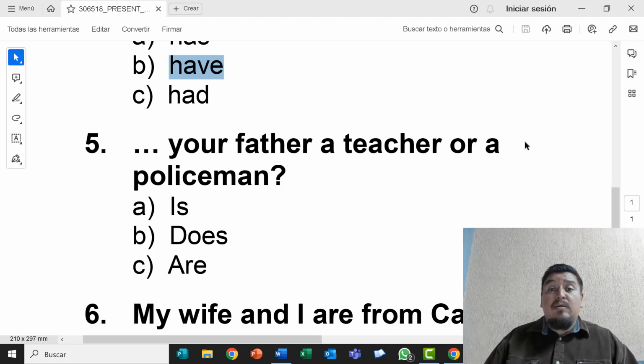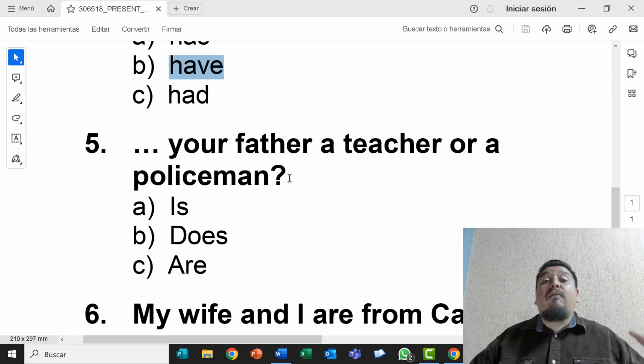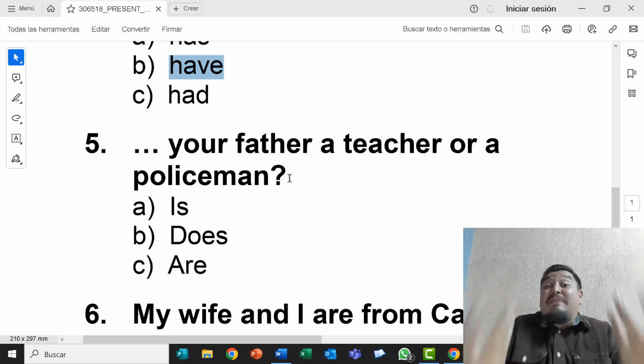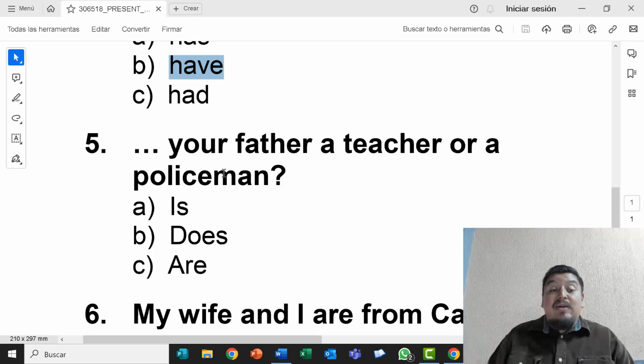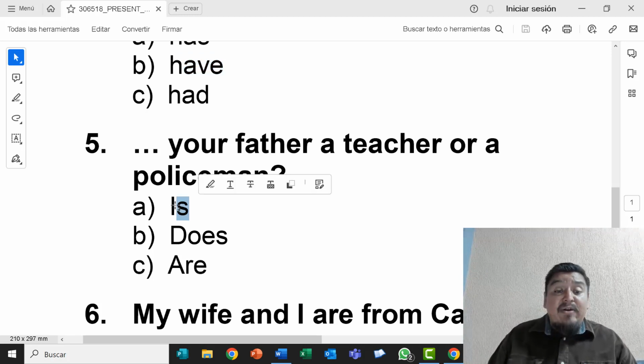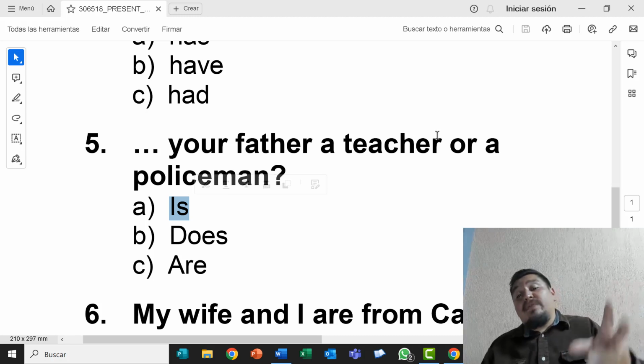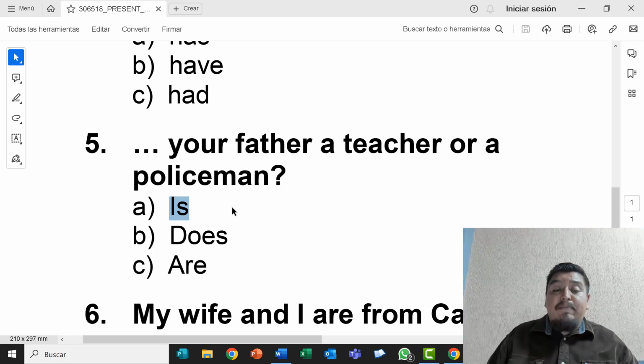And there's no verb because this question is for the verb to be. Is your father a teacher or a policeman? ¿Es tu papá un profesor o un policía?